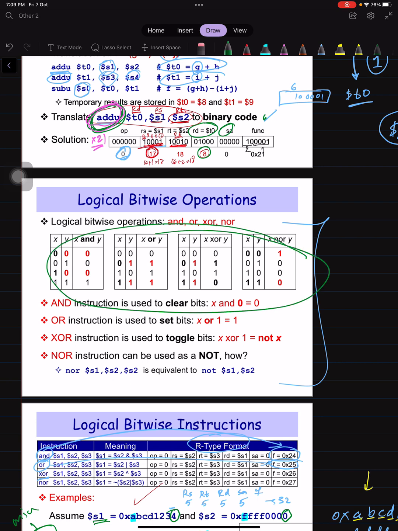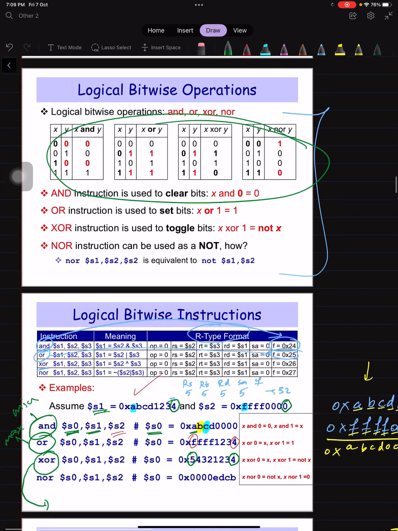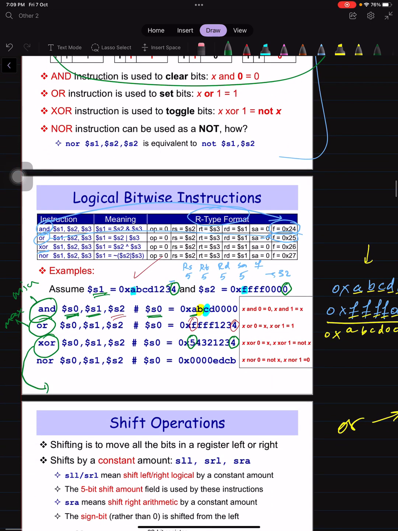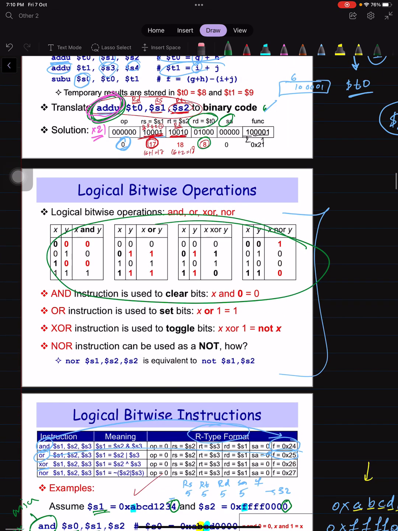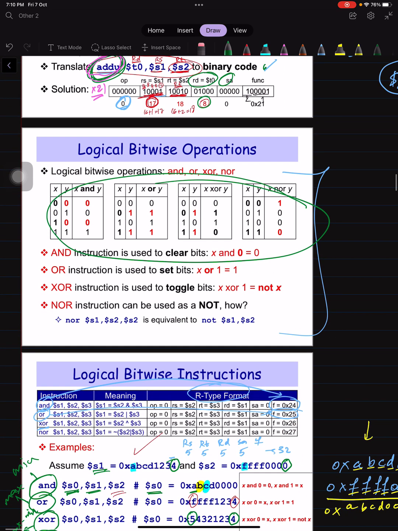This is really useful, you can get the use of it. So as we said, for the XOR it is max minus min. For the NOR, the NOR is actually nothing but ORing and then negating.